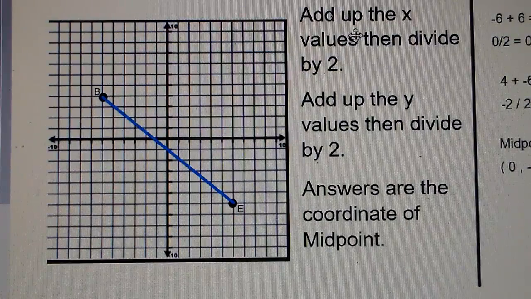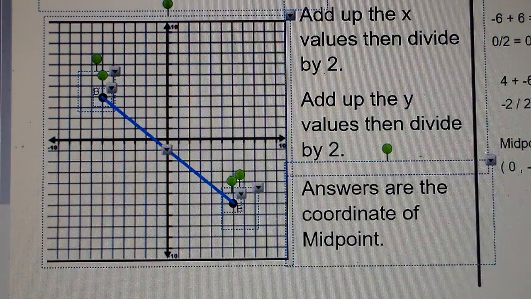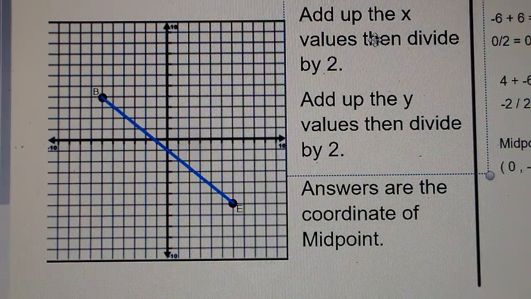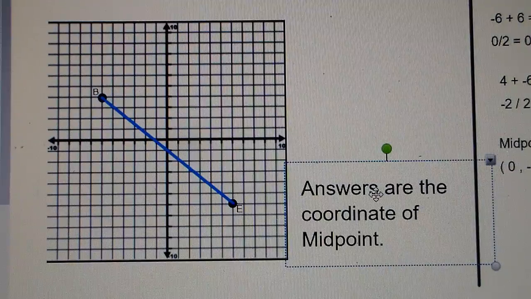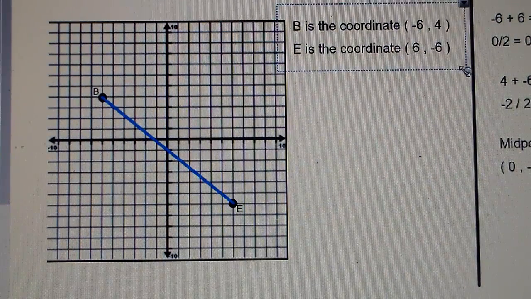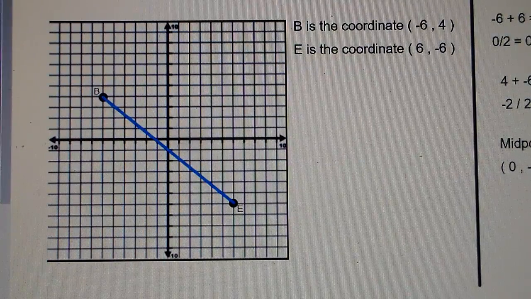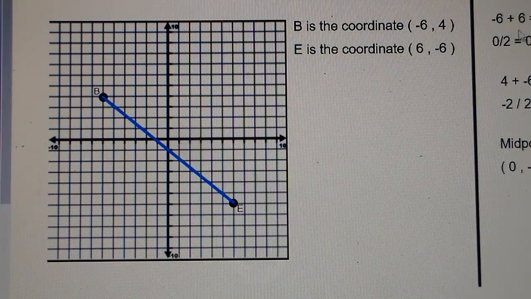Alright, last one of these, then we'll move forward. So the coordinate for B is negative 6, 4. The coordinate for E is 6, comma, negative 6.